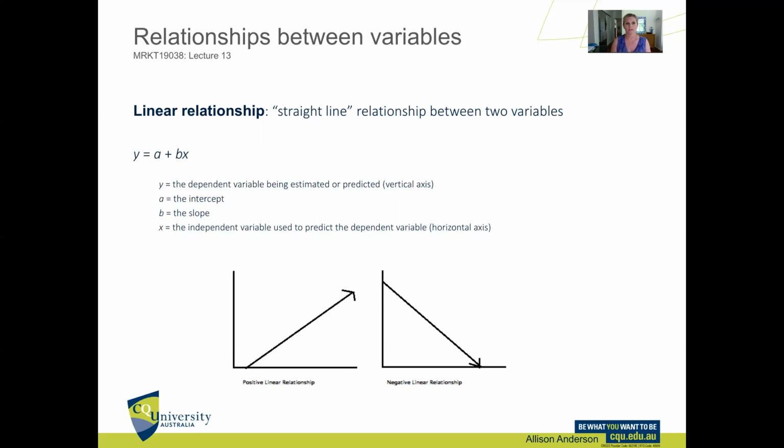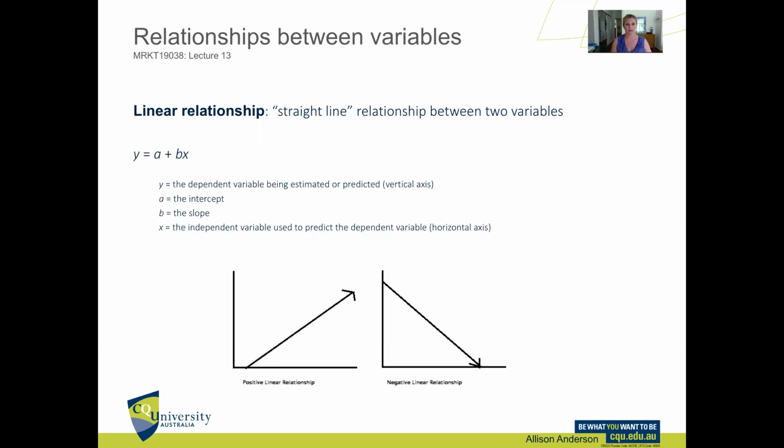So if y equals a plus bx, okay, y is the dependent variable being estimated or predicted, and it's always the vertical axis. Okay, a is the intercept, which is where the line intercepts the y-axis. b is the slope, which is the gradient of the line.